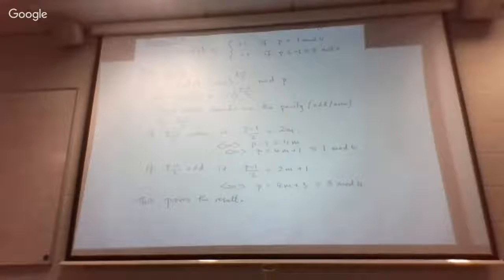Let's say the prime has a gazillion digits. What's its congruence class mod 4? Sorry? 1. Why? See, everything to the hundreds is some multiple of 100, but 100 is already a multiple of 4.